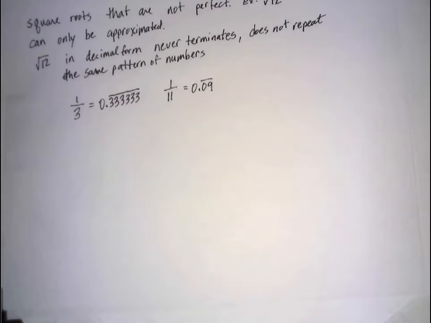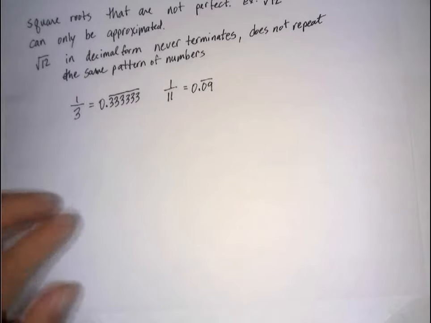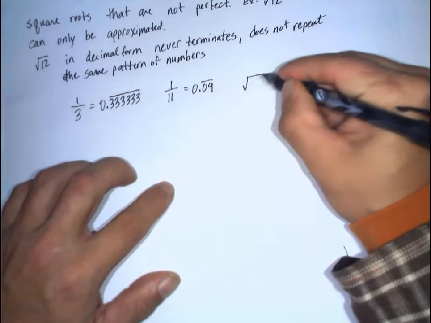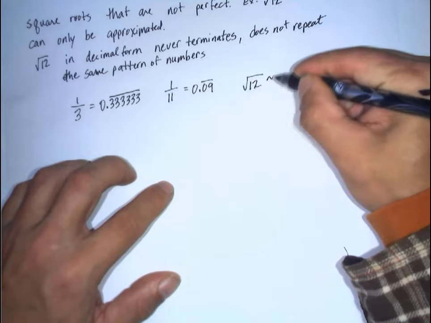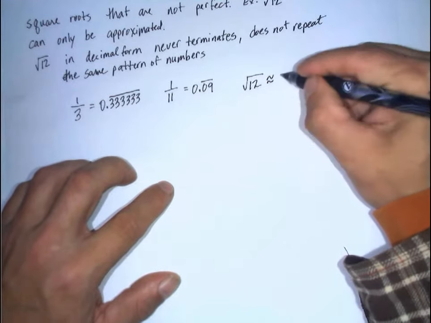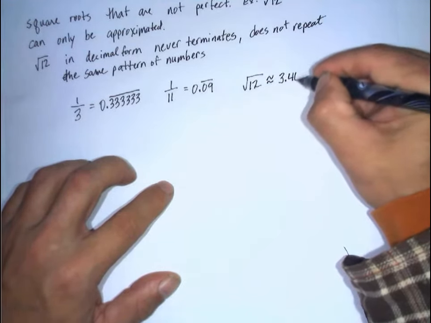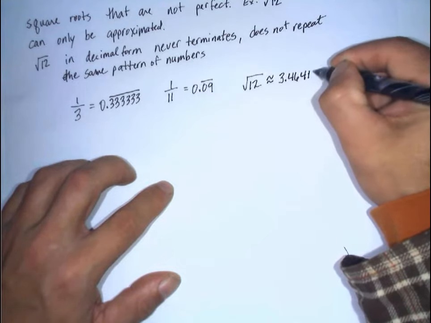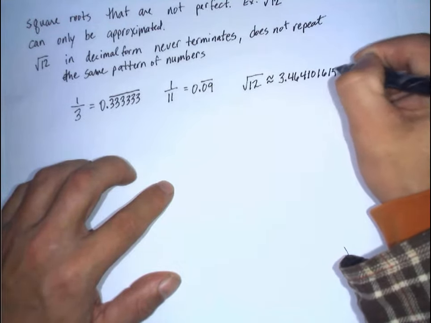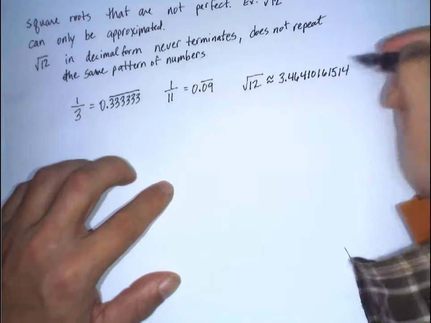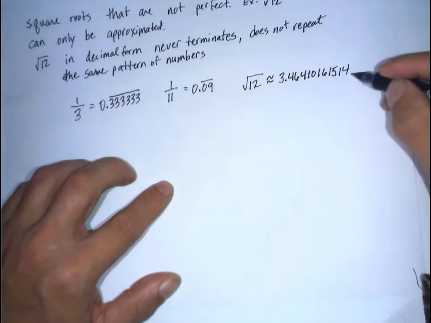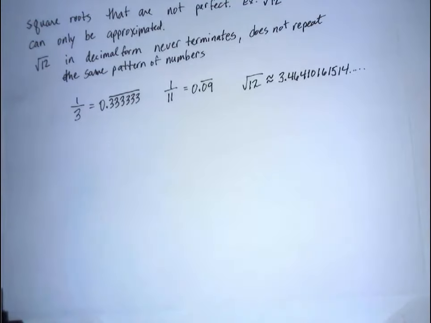That will tell me the square root of 12, which is approximately 3.46410161514, and other calculators go even more in depth than this, and they continue forever and ever and ever.